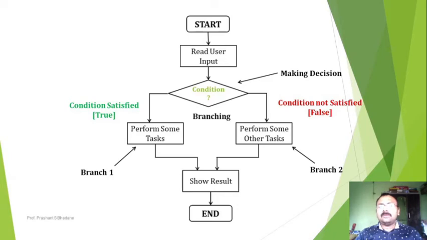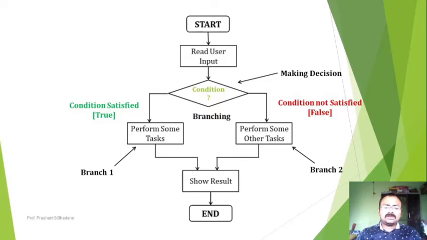If the condition is false, then the other task is performed, that is branch 2, and show the results and end the flowchart. The diamond-shaped symbol represents the conditions. You have seen this in the topic of flowcharts and algorithms.